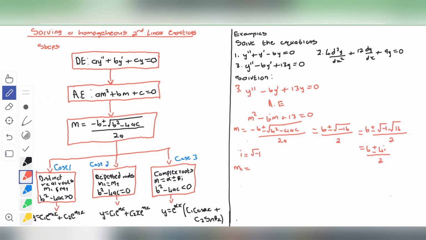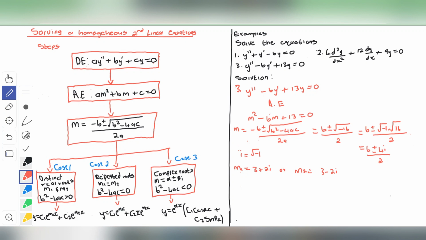So after that we find that m1 is equal to 3 plus 2i, or m2 is equal to 3 minus 2i, right? So now after finding the values of m, we come to the cases whereby we are going to choose the equation.